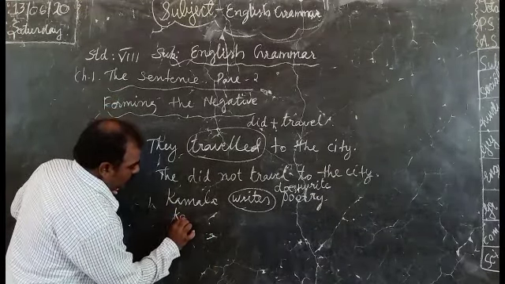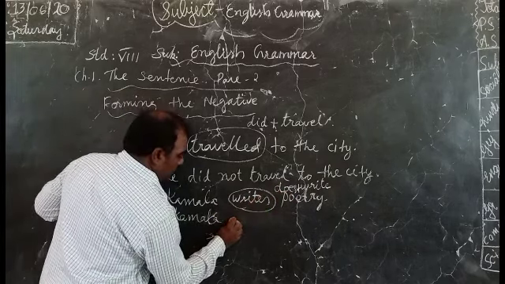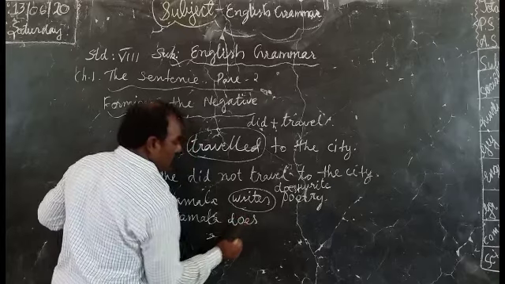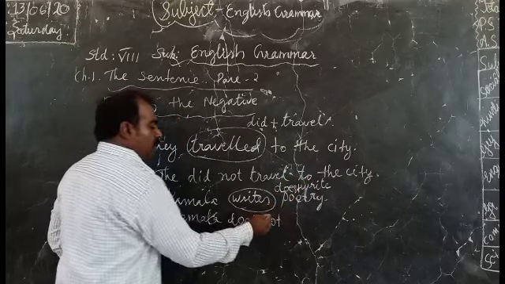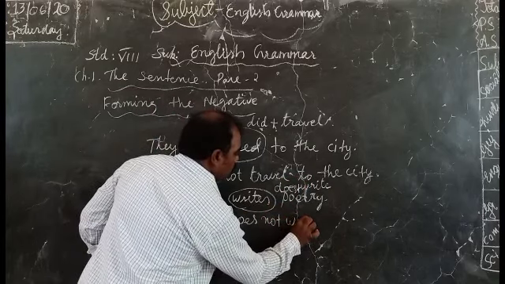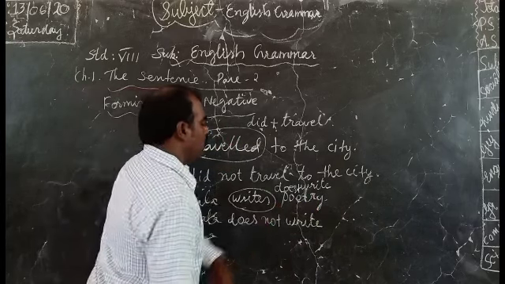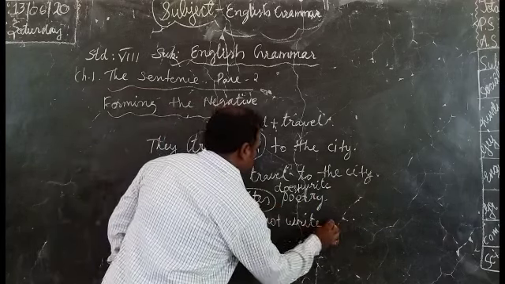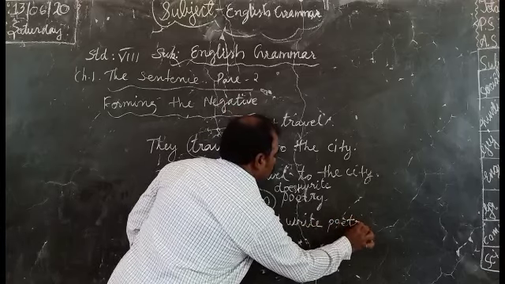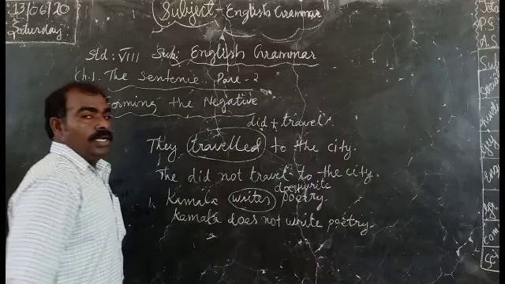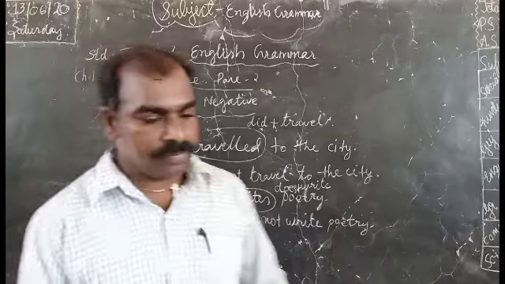Now write the sentence: Kamala, put the auxiliary verb does, add the negative not, and write the verb write. Kamala does not write poetry. This is how we change the sentence into negative form.